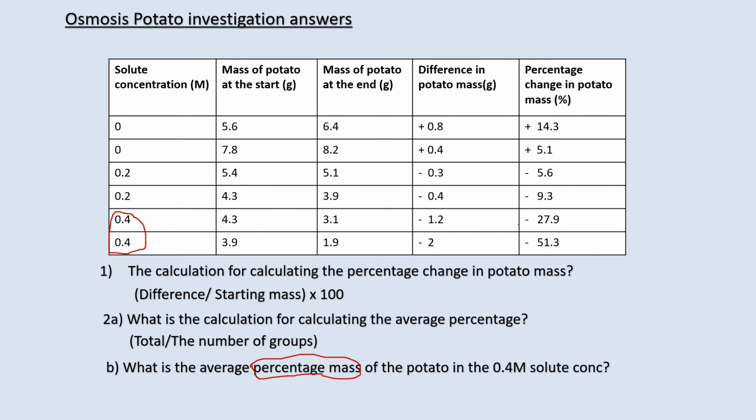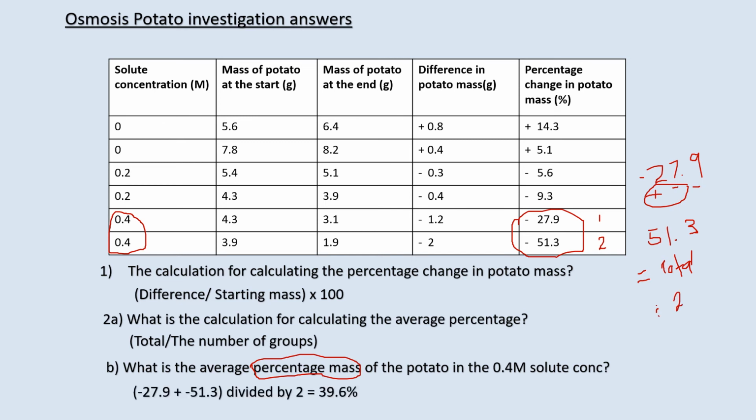So we want to add our minus 27.9, add our minus 23.4, which would turn it into a minus 51.3, and we want to get that equals. Now, how many sets do we have? Well, we're looking at 2 things, so we get the total of that, and we divide it by 2. So our answer should be that divided by 2, which gives you 39.6%.